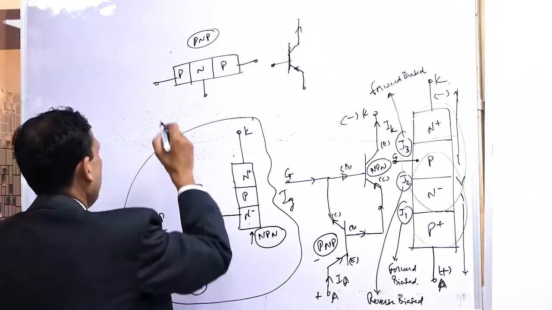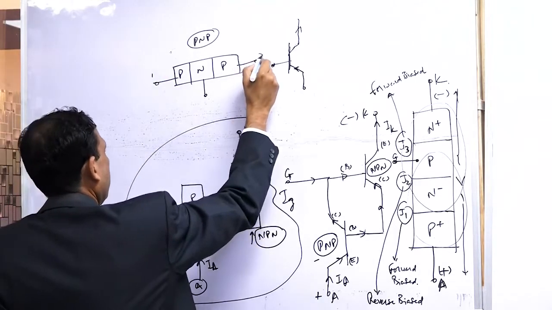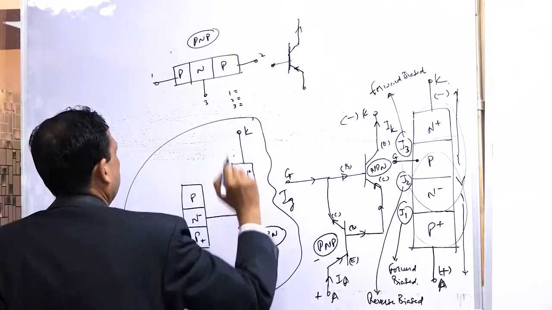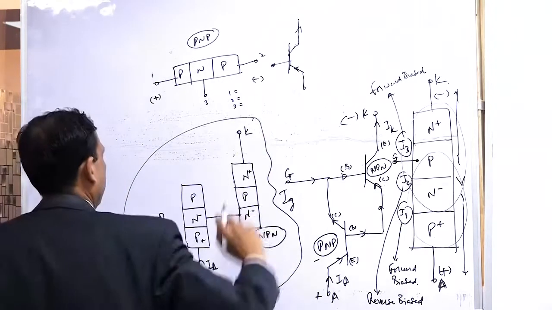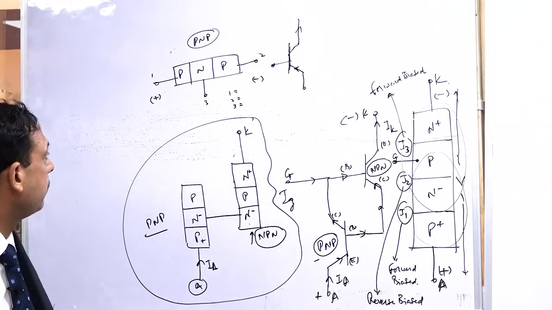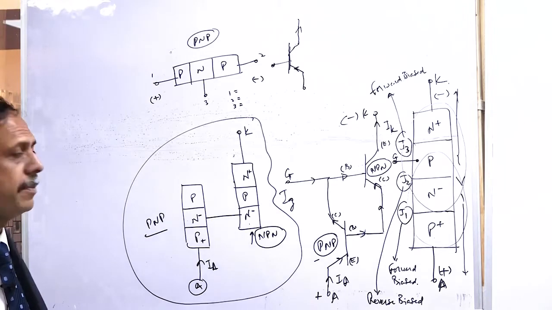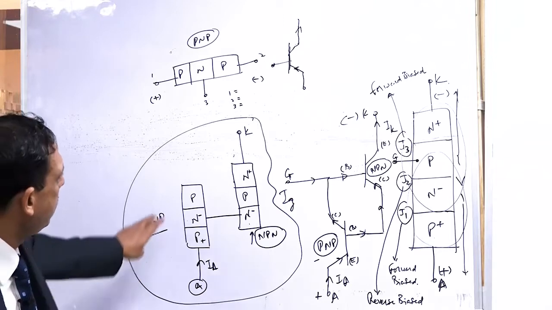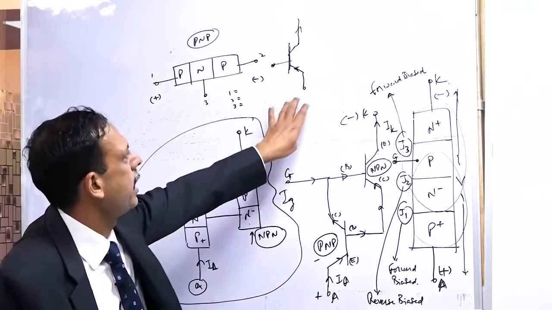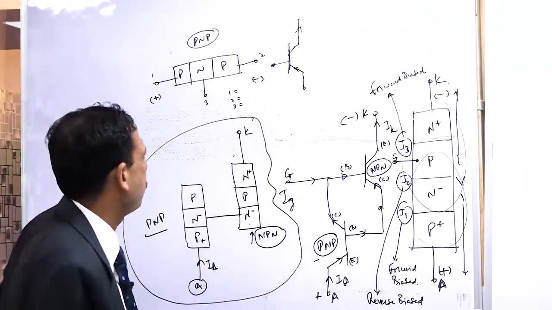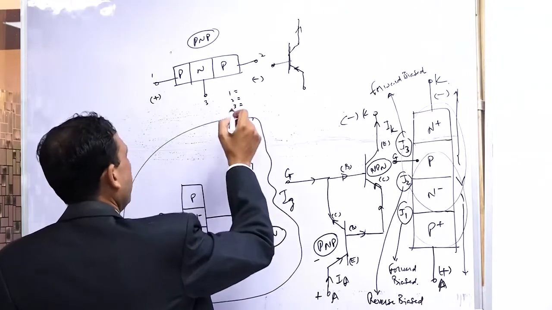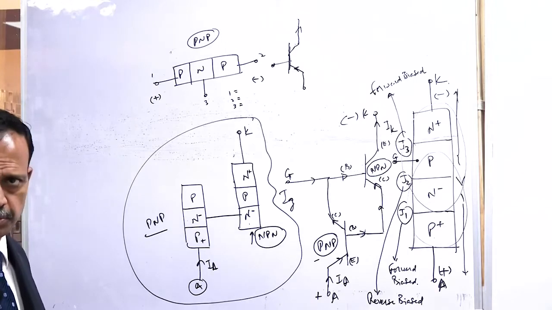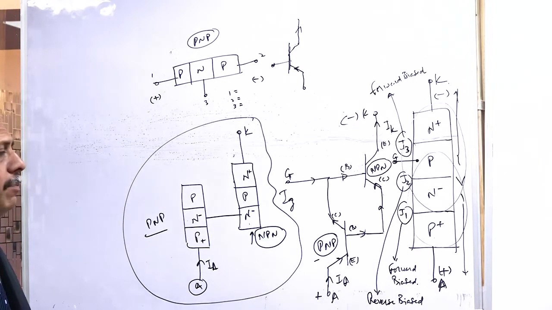So this is one terminal, this is two terminal, and this is three terminal. What is one, what is two, and what is three in a PNP transistor? Anybody who remembers it? Anyway, I am going to tell you. A PNP transistor is written like this, and its equivalent electrical diagram is this. I just want to ask you what is 1, what is 2, what is 3. If you are able to recall, you can write something, or I'll explain it.